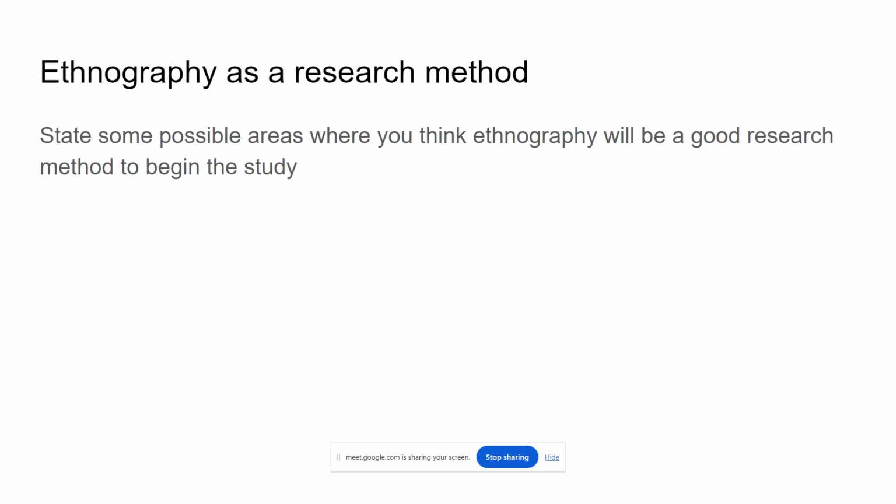Now, having known what a research question is, how do we build a research question, we see ethnography as a research method. So, the first slide that I had in the last session majorly talked about ethnography as a qualitative research method. So, here again, what we majorly talk about is do we really need to do an ethnographic research given a sort of a research question.